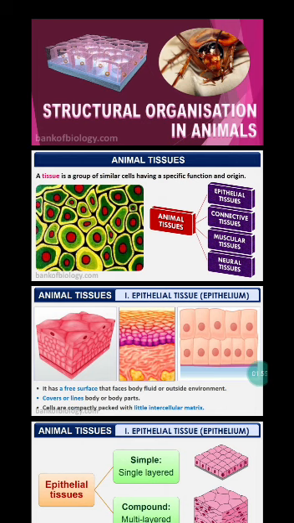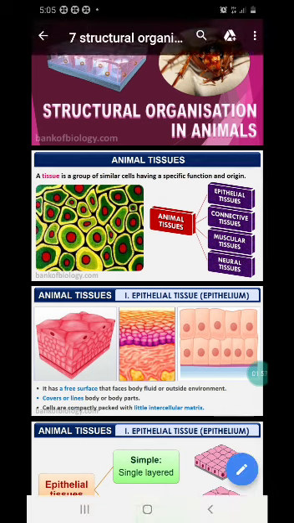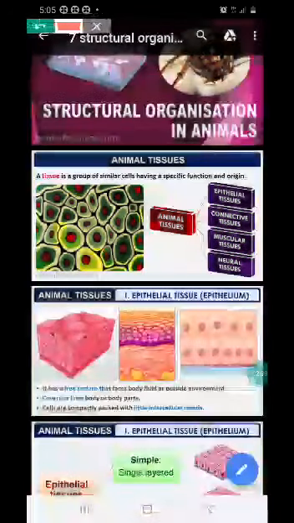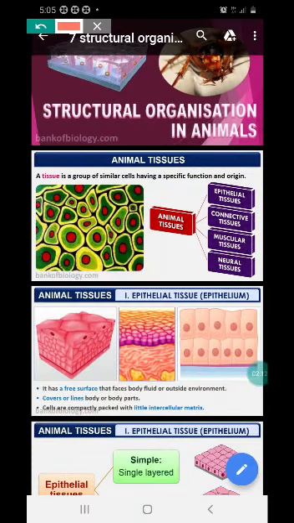Or if it is the lining of the gut or any duct, it should face the cavity. So if this is the trachea or the gut, here you can find the epithelial cells.